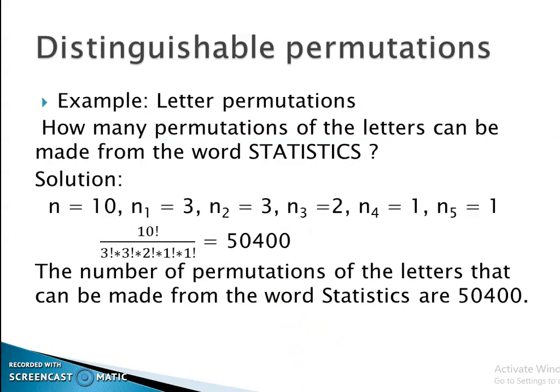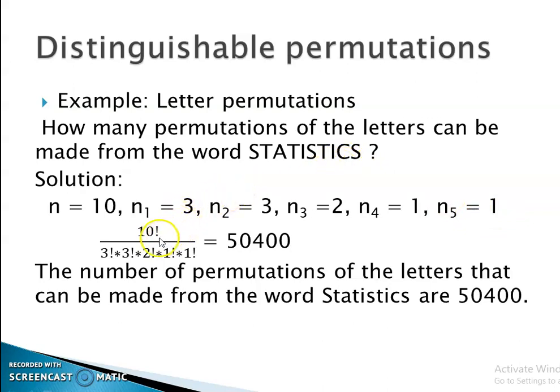Another example is, how many permutations of the letters can be made from the word statistics? In the word statistics, there are 10 letters, and n1 is equal to 3, the number of times the letter S is repeated, n2 is equal to 3, the number of times the letter T is repeated, and n3 is equal to 2, the number of times the letter I is repeated, n4 is equal to 1, the number of times the letter A is repeated, and n5 is equal to 1, the number of times the letter C is repeated.